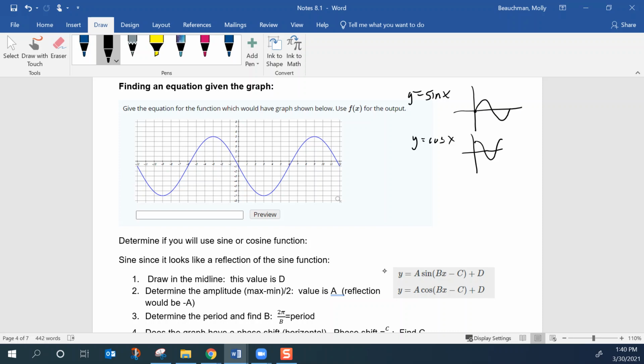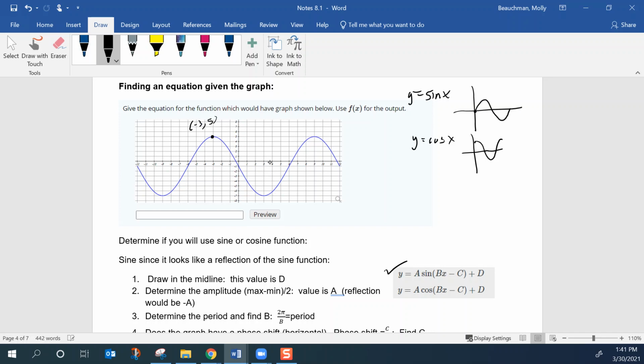So our goal is to find a, b, c, and d in the sine function. The first thing we do is draw in the midline, and this value is d. The midline is what cuts your graph exactly in half horizontally. The highest value in our graph is at (-3, 5).